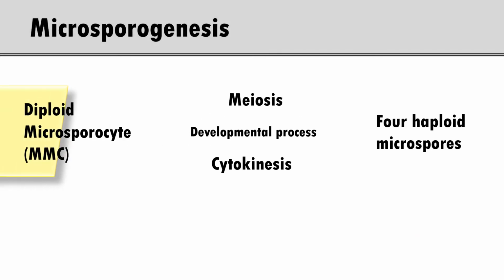The same thing if we depict in a linear fashion, we can observe that during microsporogenesis, microspore mother cell or MMC, also called pollen mother cell, is formed in the sporogenous tissue of the anther.